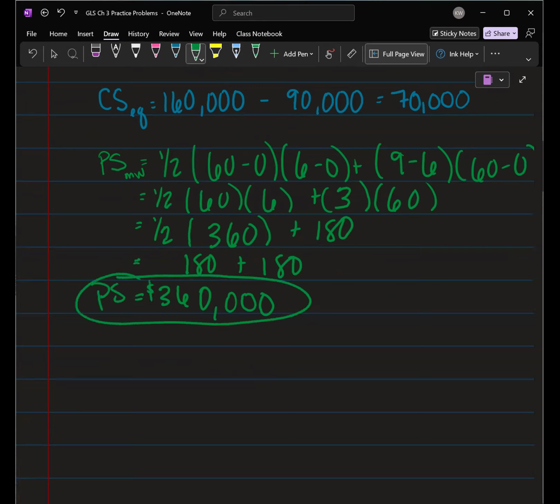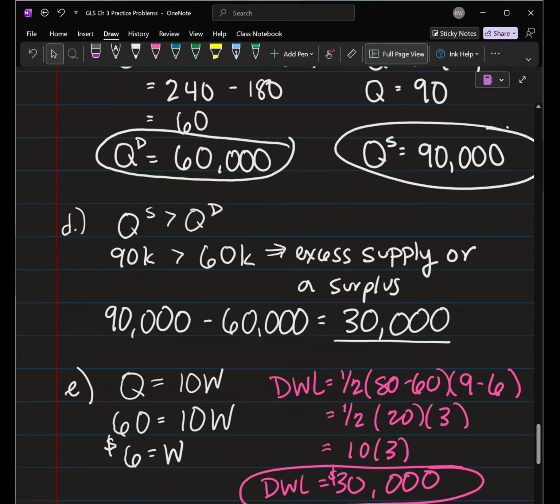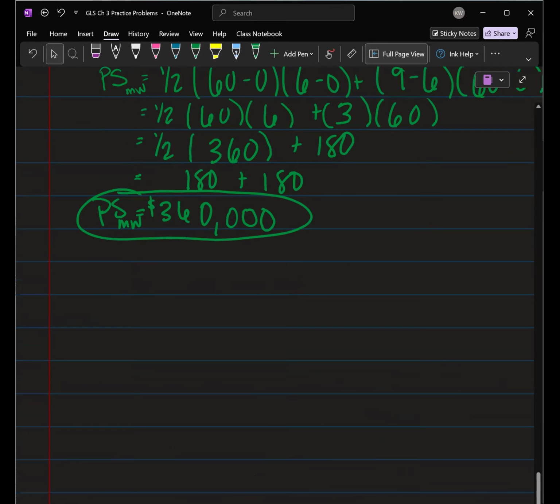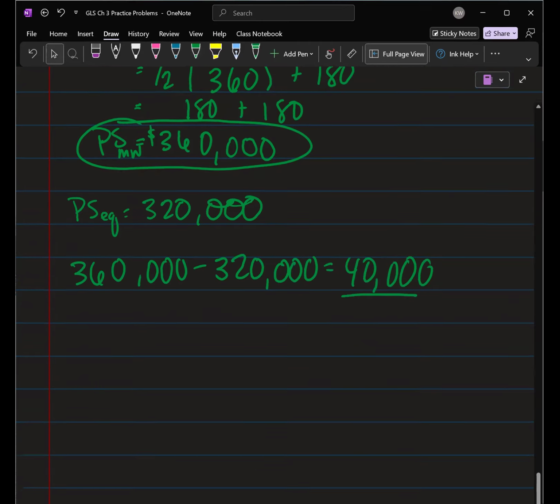That is increased from producer surplus in equilibrium, which was 320,000. So the difference, producer surplus under minimum wage minus producer surplus under equilibrium, is $40,000. And so that is what producers gain.